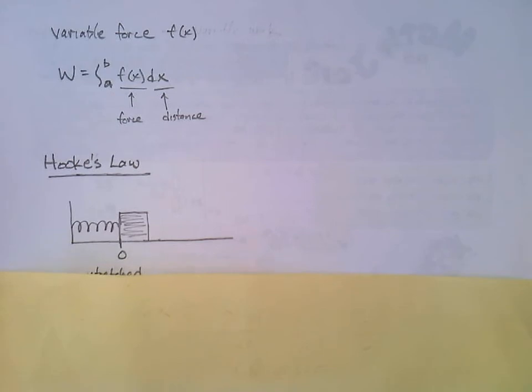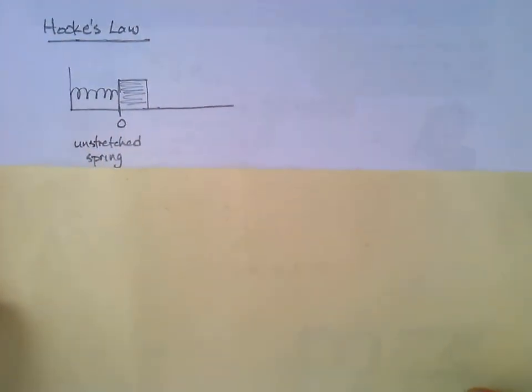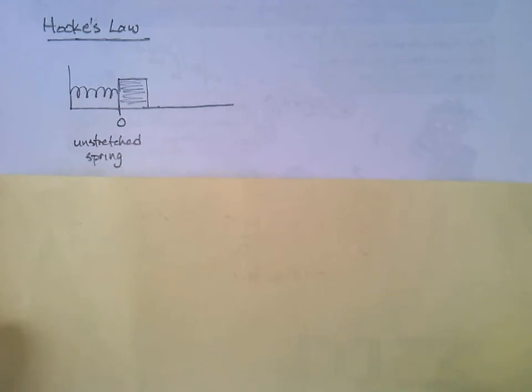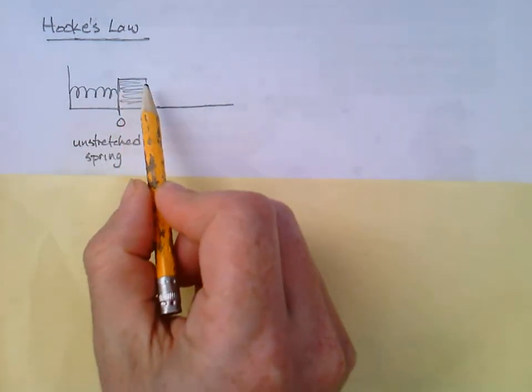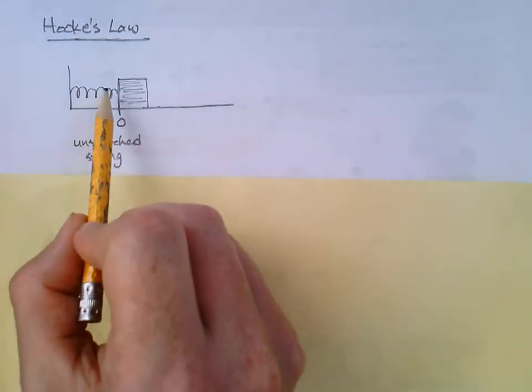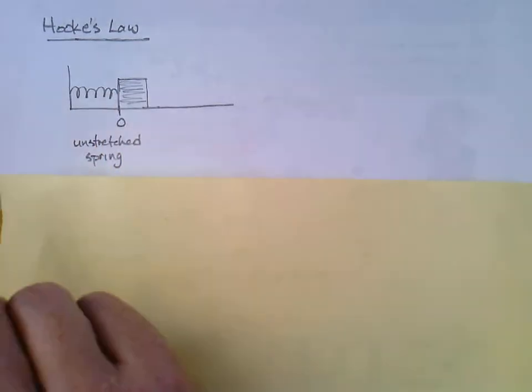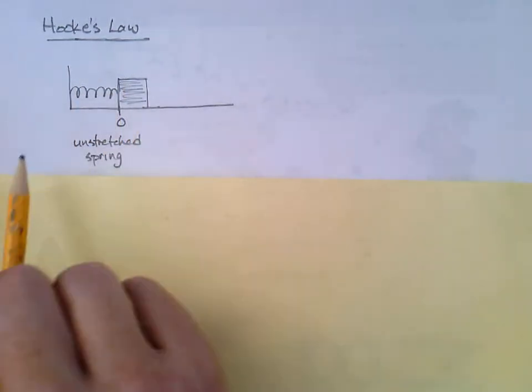Hooke's law is all about springs. Okay, so I'm going to start just by making a couple of drawings. So imagine that you've got some sort of a mass attached to a spring, and we're going to say this is at rest.